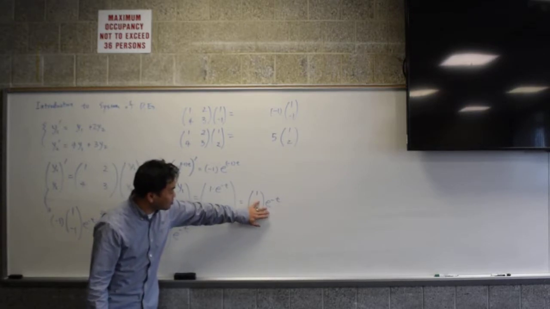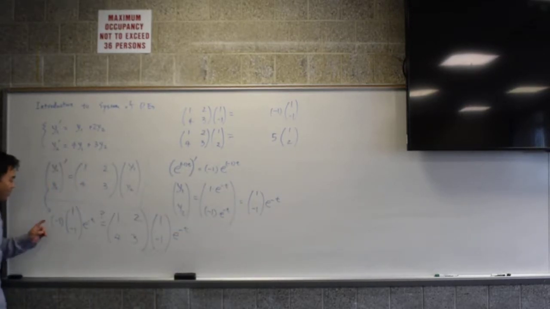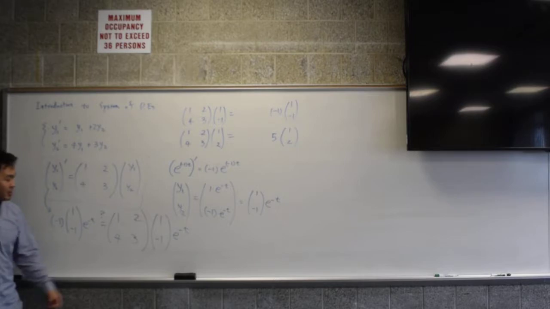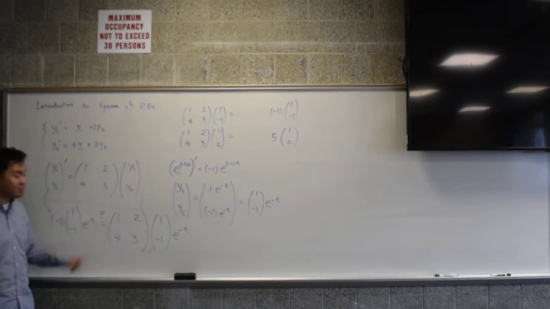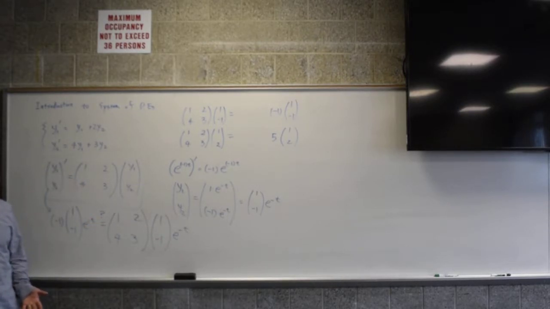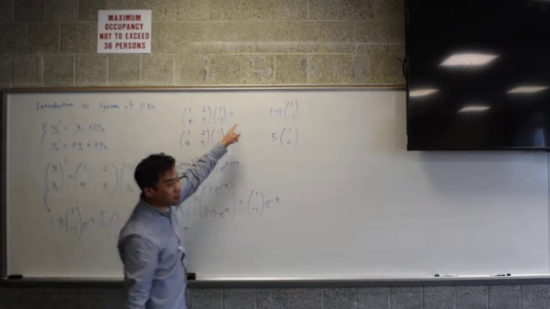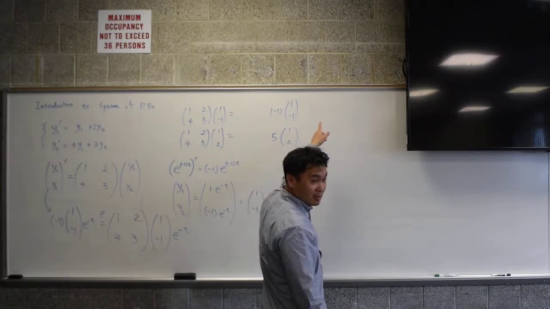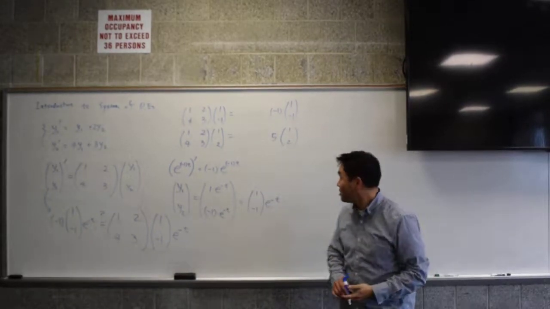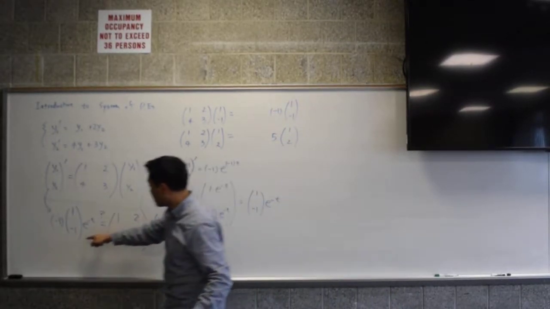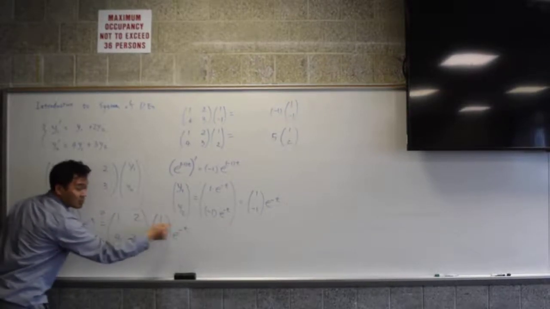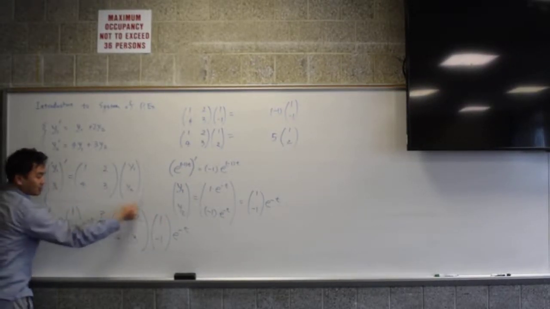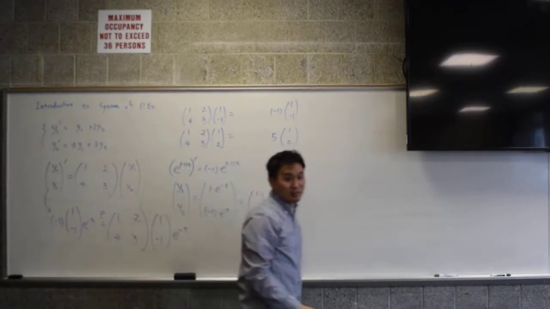Asking whether this is a solution to this system is asking whether if I plug in the left side and if I plug in the right side, does this equation hold? That's basically the question, right? But look, isn't this exactly what we figured out over here? It's exactly the same thing, right? See, this one is over here. E to the negative t, e to the negative t is exactly the same. And this is exactly this one, right?